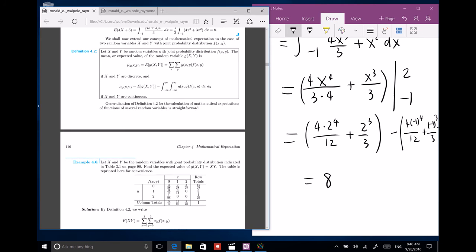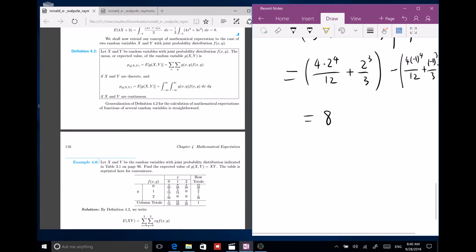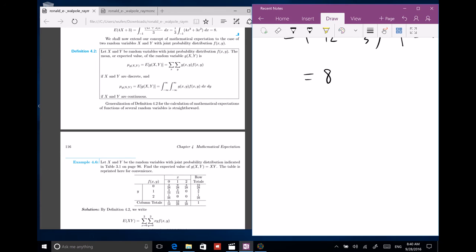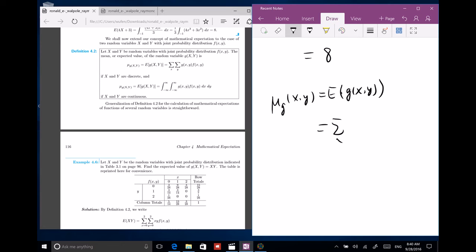If we have a two-dimensional function, then E of g(x,y) equals the sum over x and y together of g(x,y), where g(x,y) is the function of x and y, and f(x,y) is the probability function.